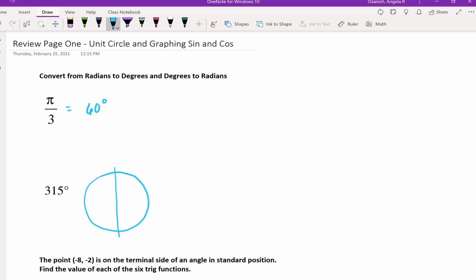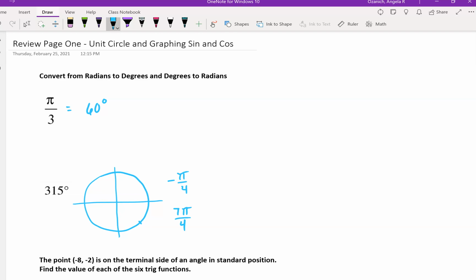Right, so a lot of times when we're working with the unit circle, it's helpful to be able to visualize it and know where 315 degrees is, so you can get that equivalent radian value. You could express it as negative pi over 4. That would work, or 7 pi over 4 if you needed to describe it as a positive radian value.